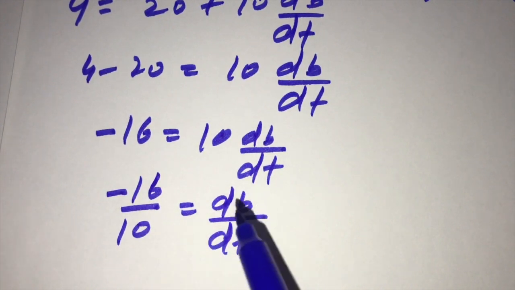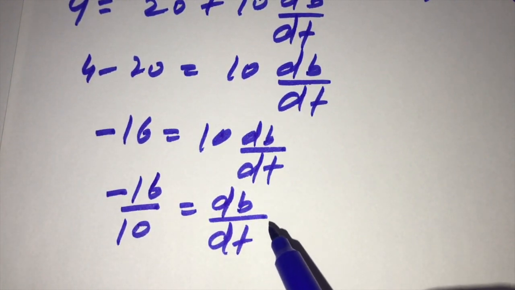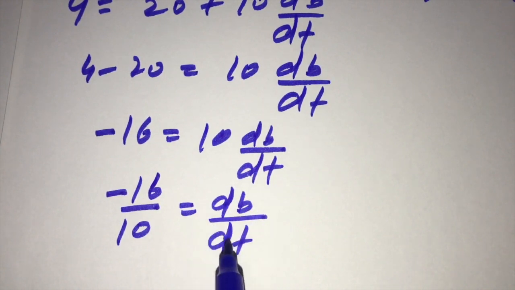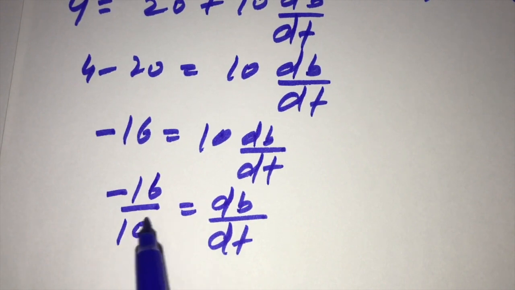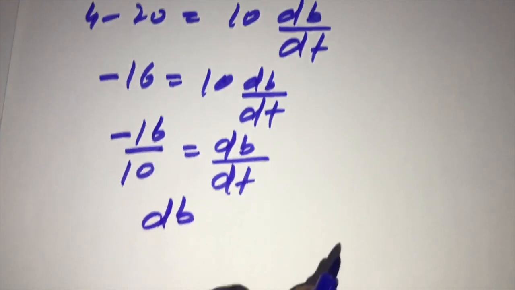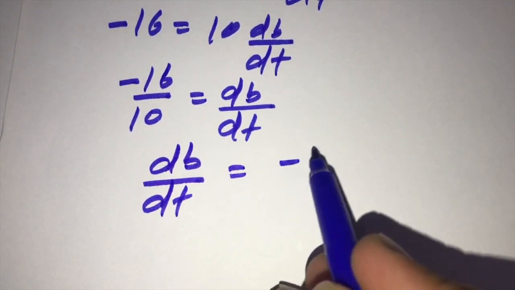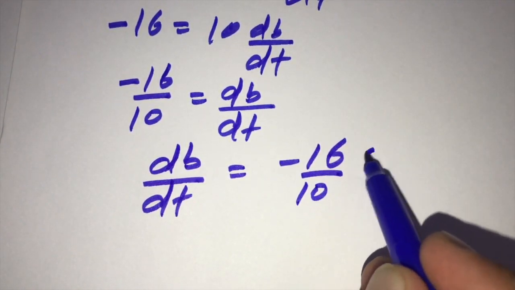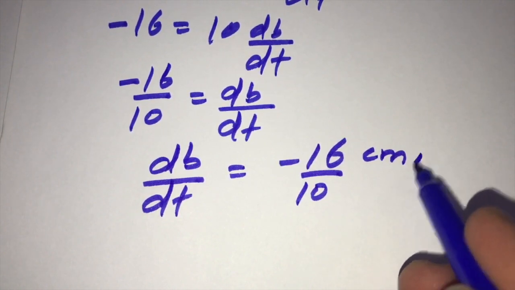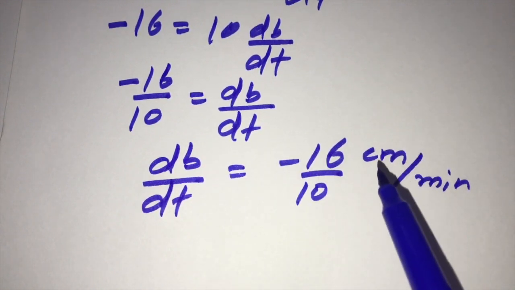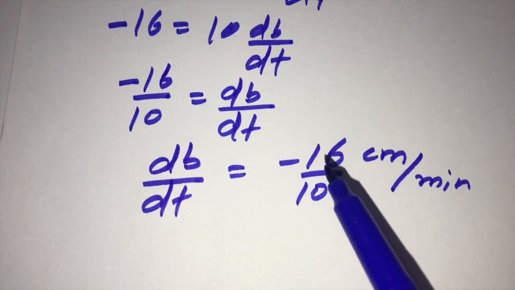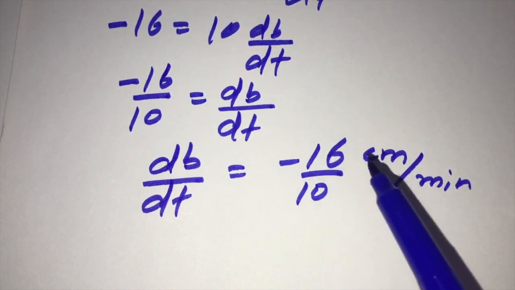So from this answer, we conclude that the base is not increasing, but it is decreasing. dB by dt is equal to minus 16 over 10 centimeter per minute.